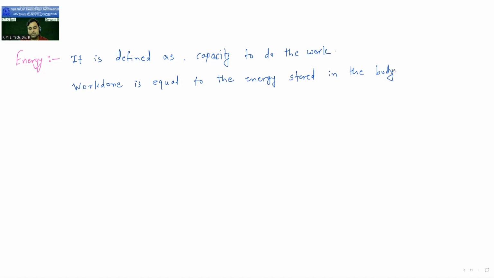Therefore, the unit of work and energy are the same.